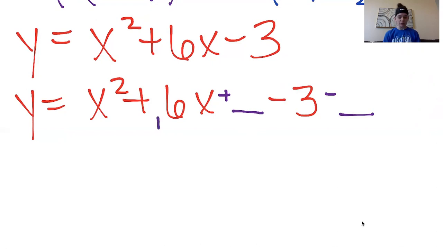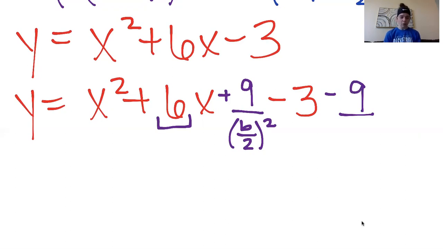So here's our b value, 6. If we take b over 2 and square it, b over 2 would give us 3, squared would give us 9. So we're going to add 9 and subtract 9.